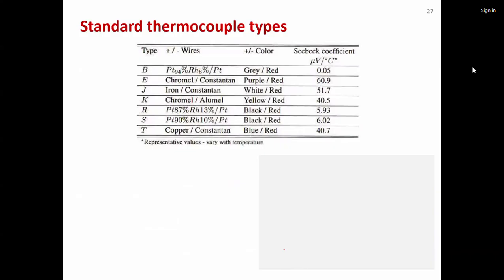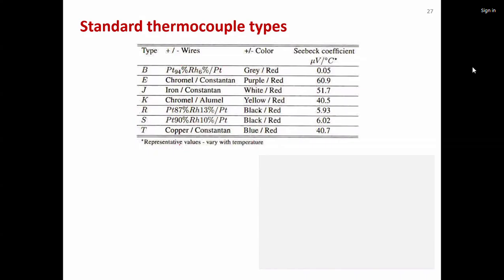Okay, so these are a few standard thermocouple types that you would see in the lab. Each type is basically coded: B type, E type, J type, K type, R type, S type, T type. Each type of thermocouple has a specific material combination.